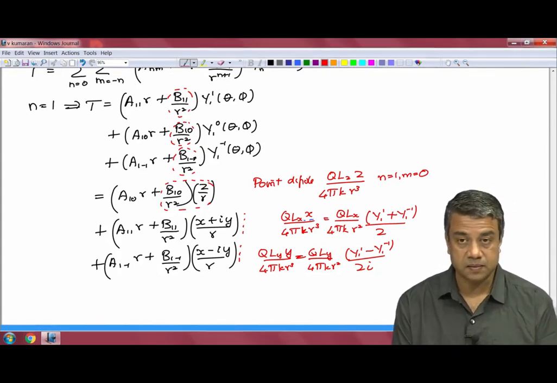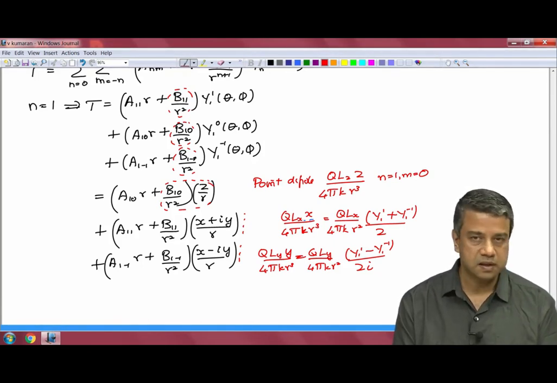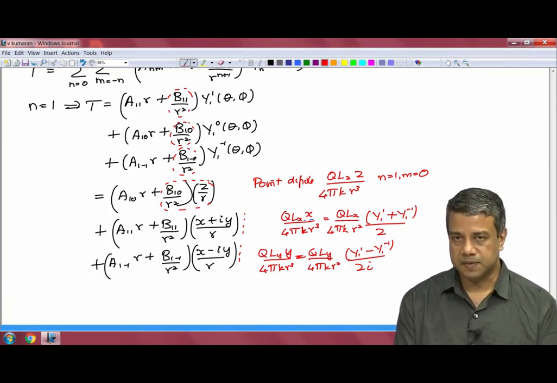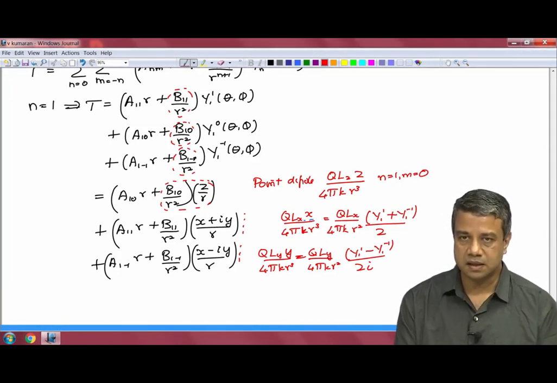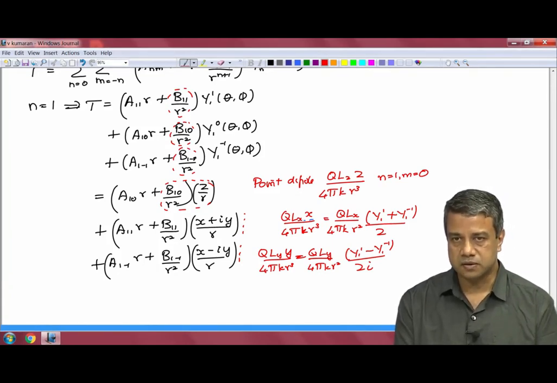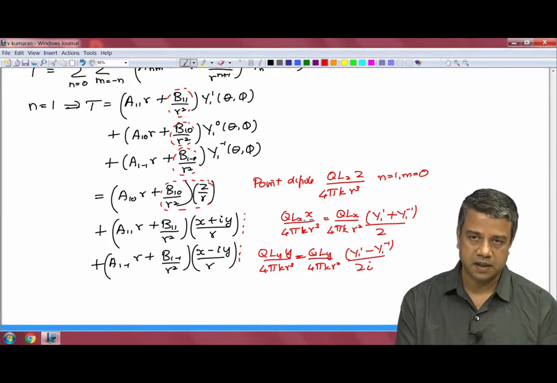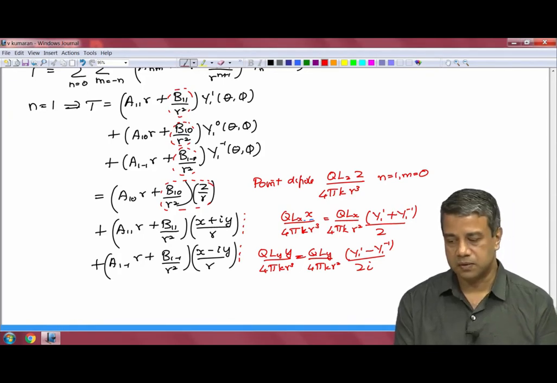So, these three terms for n is equal to 1 in the spherical harmonic expansion correspond to sources and sinks separated respectively in the z, x and y direction in such a way that the source energy emitted per unit time goes to infinity, the separation goes to 0, and the product q times L is finite. In that limit you get a point dipole.